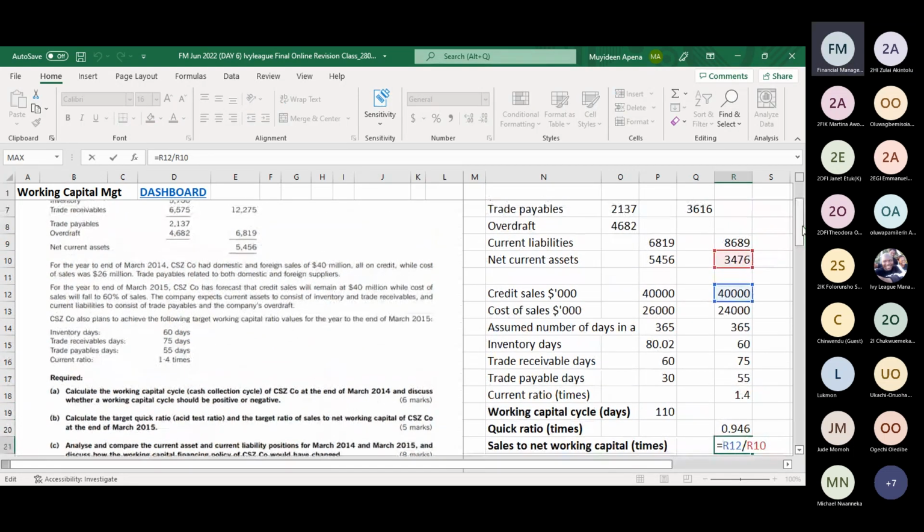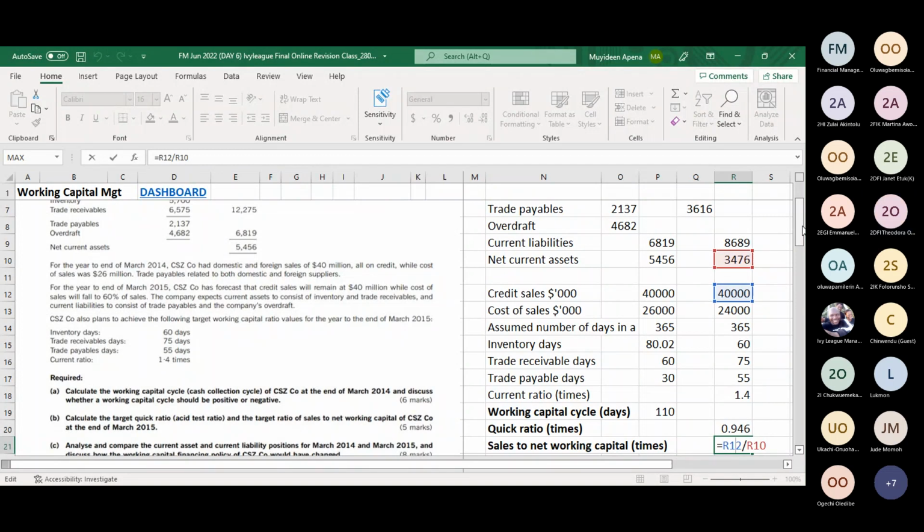So credit sales divided by the net current asset. Have you seen that? Can we proceed? Yes, please.